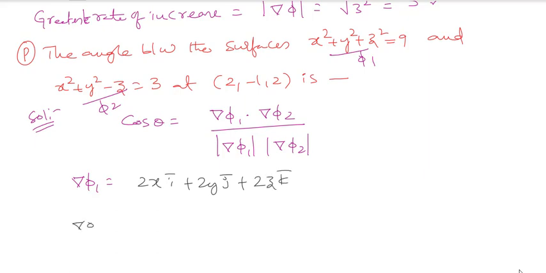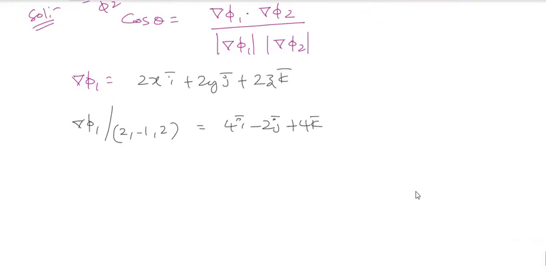So del phi 1 at the point (2, −1, 2), if I substitute, what I used to get is 4i − 2j + 4k. These are the del phi 1 at (2, −1, 2). Then similarly del phi 2 you calculate. What is your del phi 2?